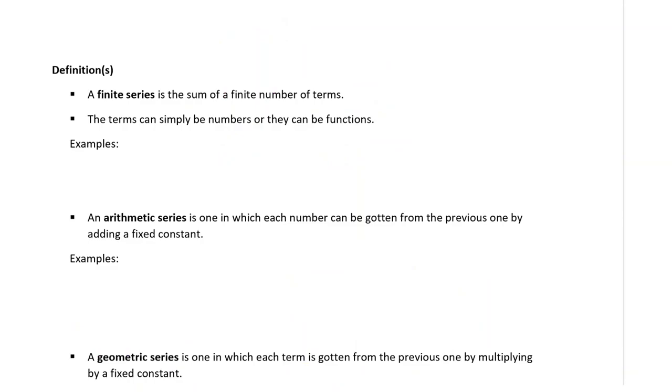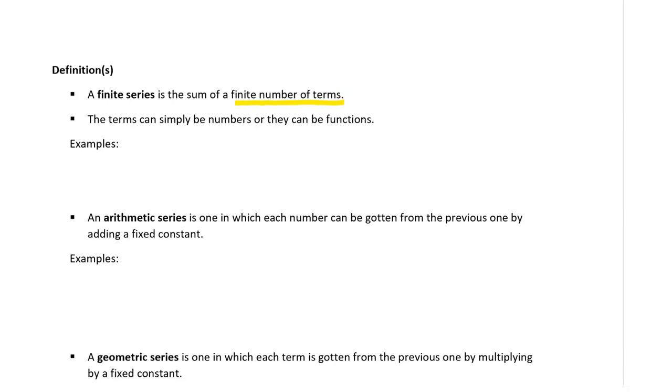All right, so now I'm going to go through some preliminary definitions that we already know, but I just want to remind you in case you forgot. So first of all, we're going to talk about finite series. So what is a finite series? A finite series is the sum of a finite number of terms.